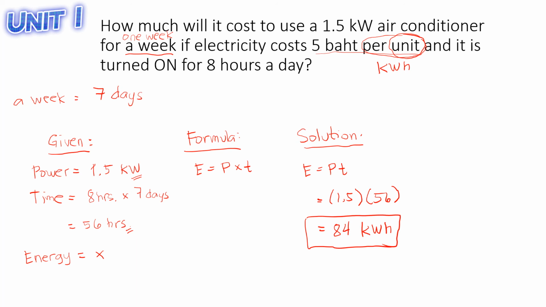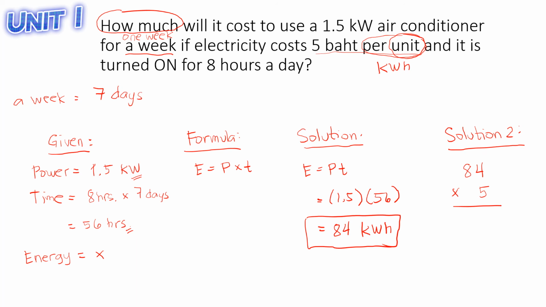But our solution does not stop here, because we are asked how much. So this will be our solution number 2. We simply multiply 84 kilowatt hour by 5, where 5 is 5 baht.